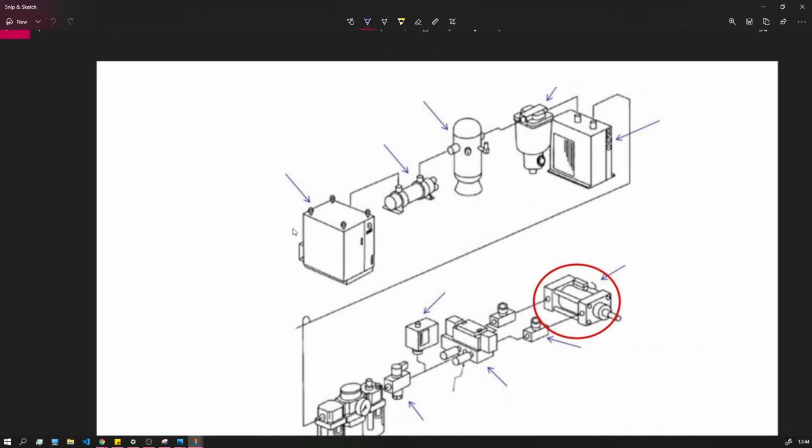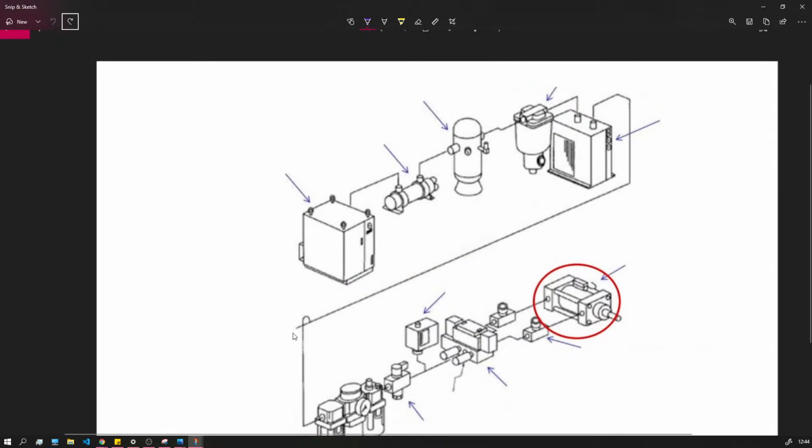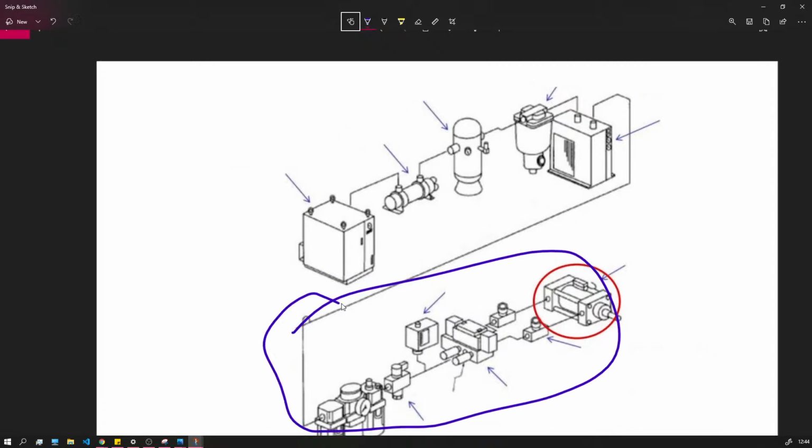So this is an overview of a pneumatic system, of which we can see that it's divided into two parts. The upper part here is the production side where we produce pneumatic energy, and the lower part here is the consumer side of things.